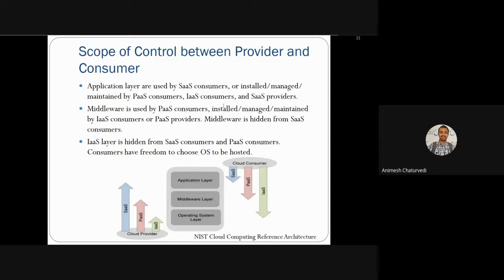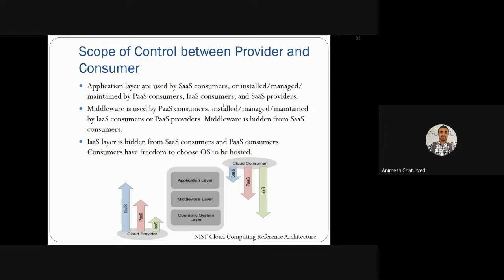The application layer is installed, managed and maintained by the SaaS provider. The application layer is being used by the SaaS consumer. Installation and management is done by the PaaS consumer, IaaS consumer, or SaaS providers.